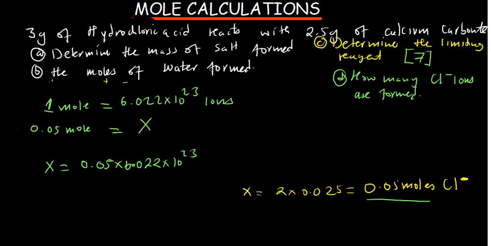So if we get that value, then we've determined the number of ions. Any questions? So that will give us really a very big number. So we can find out the answer there. That will be the number of ions that we're going to find in this question.